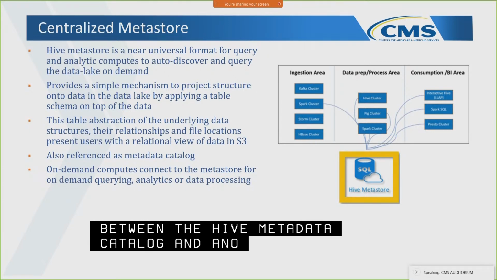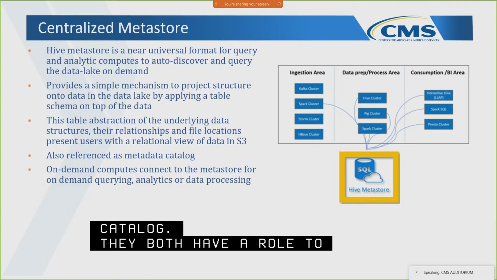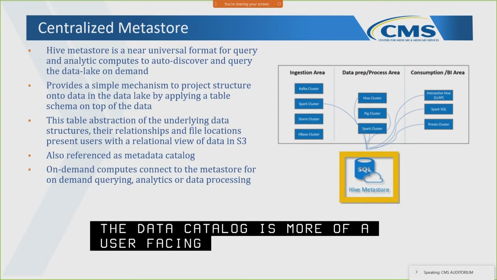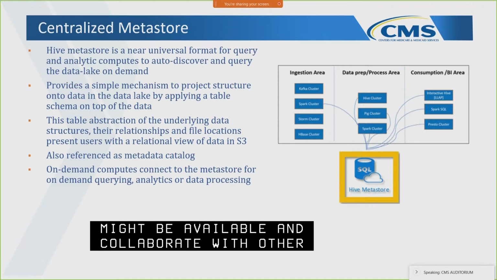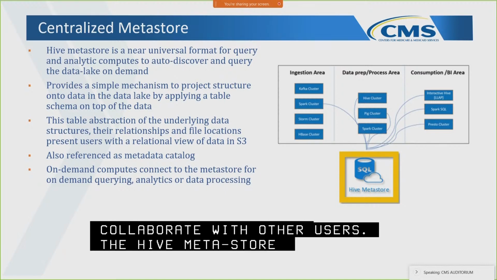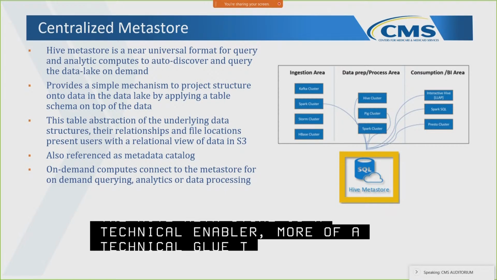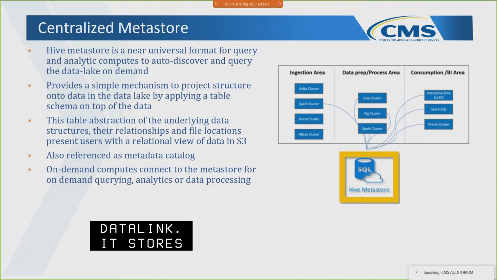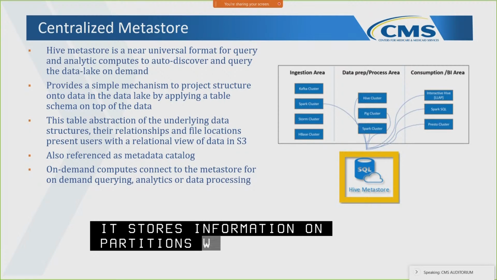The data catalog is more of a user-facing component where users discover data assets that might be available and potentially collaborate with other users. The Hive metastore is a technical enabler. It's more of a technical glue that binds compute to the data lake. It stores information about partitions and what data assets are available, and it allows computes to bind to the data.